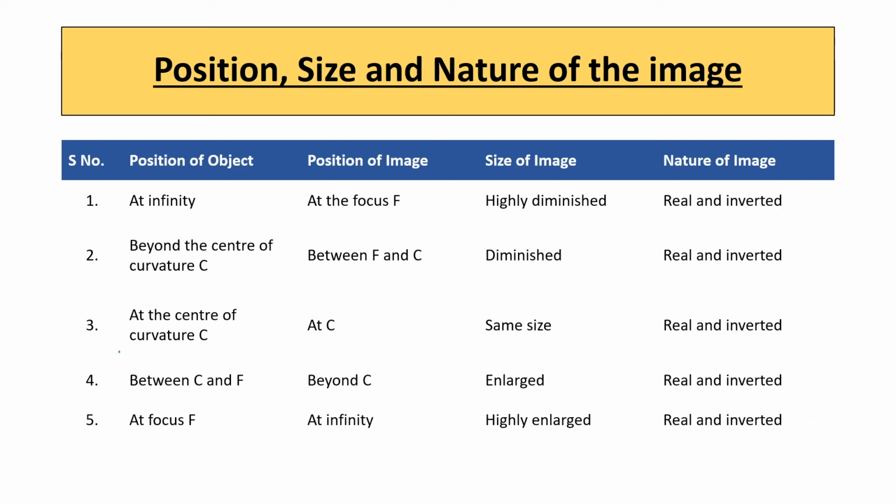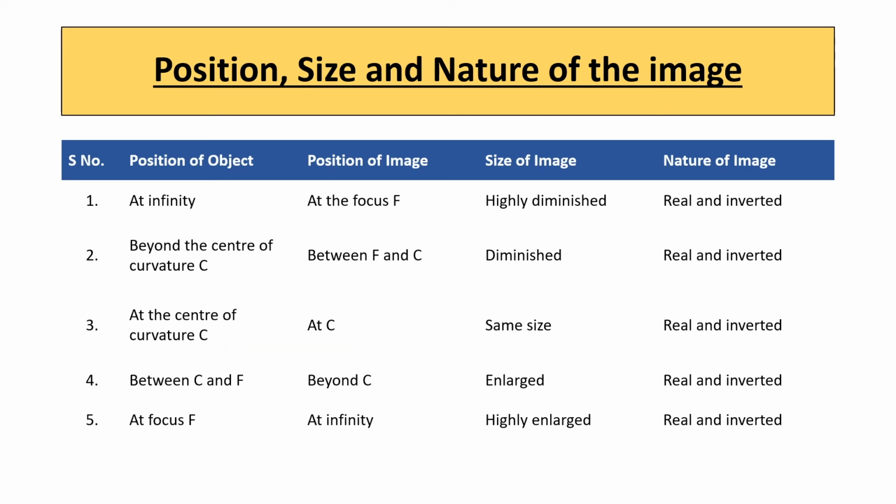When the object is at the center of curvature, the image is also obtained at center of curvature and it is of the same size, real and inverted. If you want to get the image of the same size, the object should be at the center of curvature.